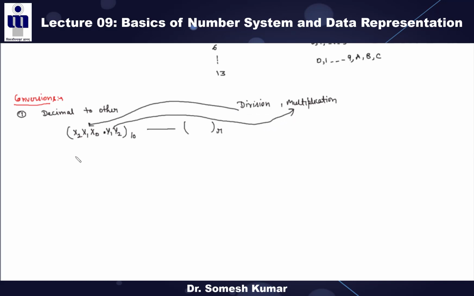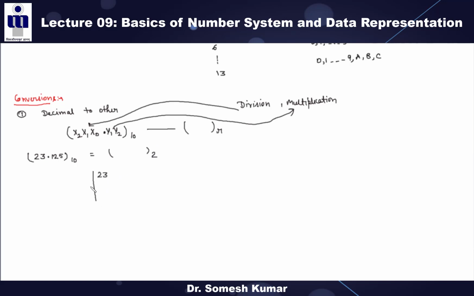Clear? So for example, I am taking one number that is 23.125. This is in decimal. How can you convert this number to base 2 or binary? Before the dot, for 23, we will apply the division method.